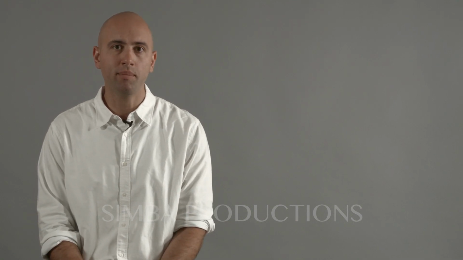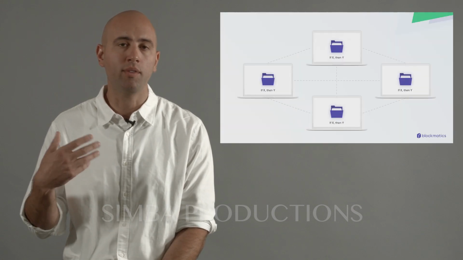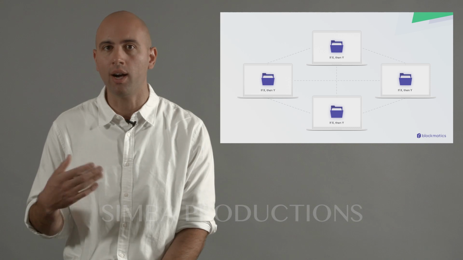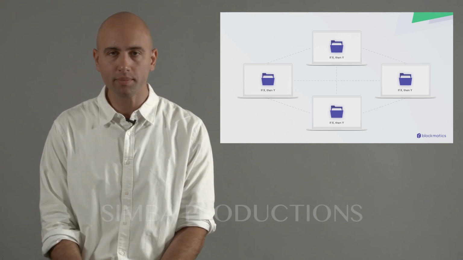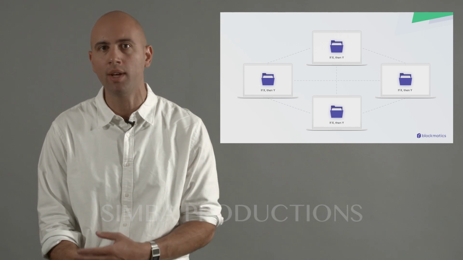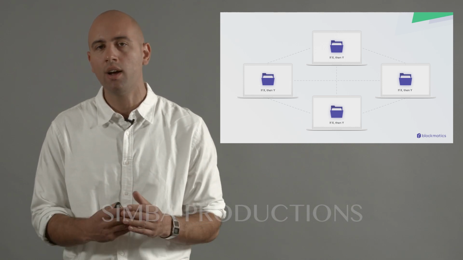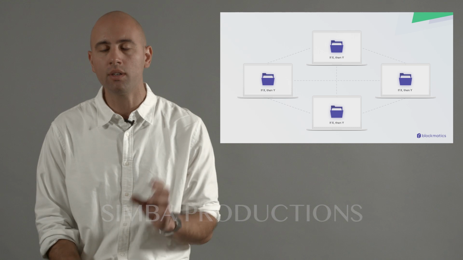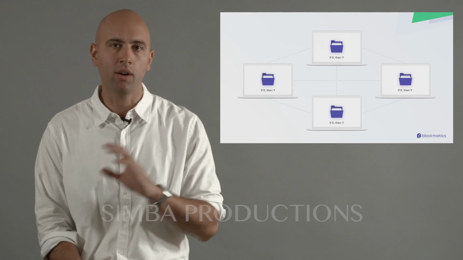I should say it's not just a record-keeping system. It's also a lot of rules and even full programs that are operating on that data. So you can have different conditions and how the data should change over time under different conditions. And all those rules and programs are also kept in sync among all the participants in the network.